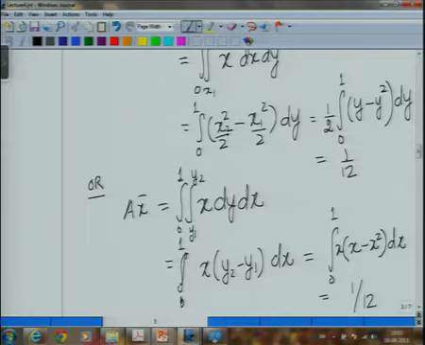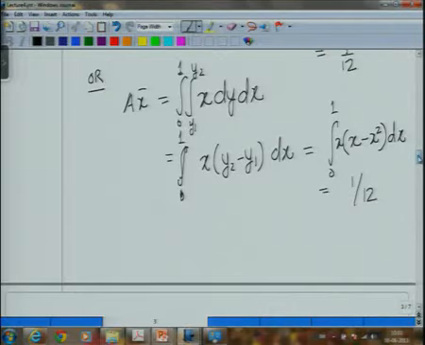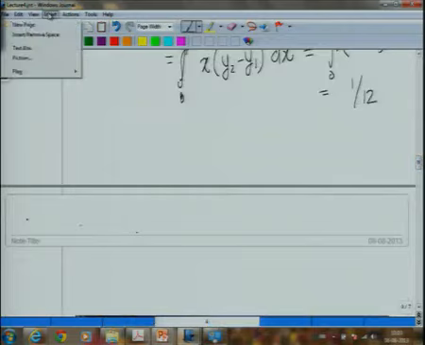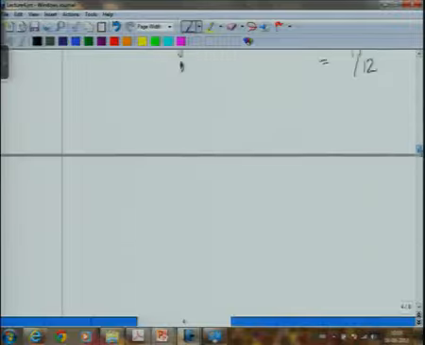Okay. Now, what if you were taking strips? If you were taking strips for the same thing, so I am showing you 4 methods of calculating the same thing.